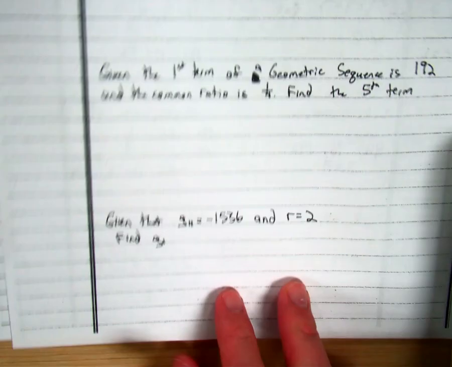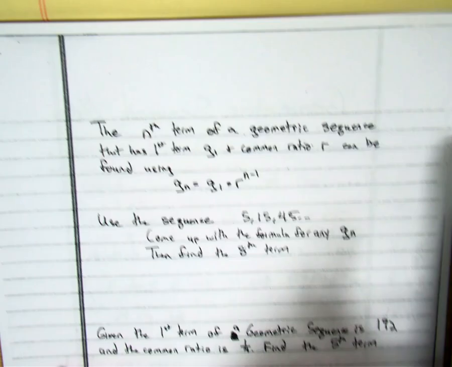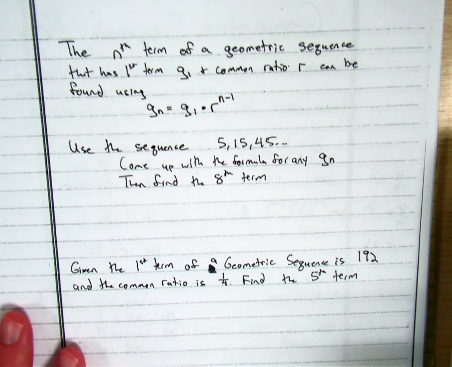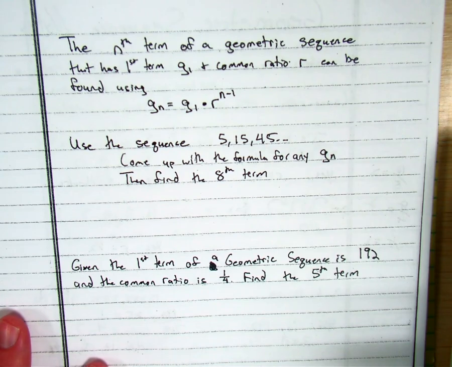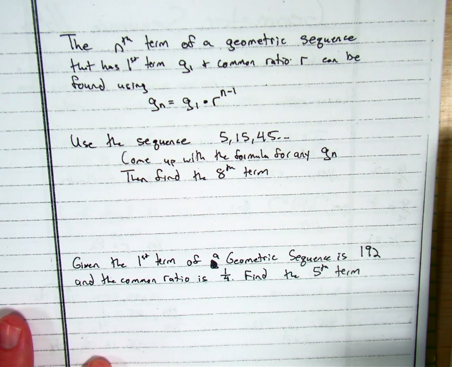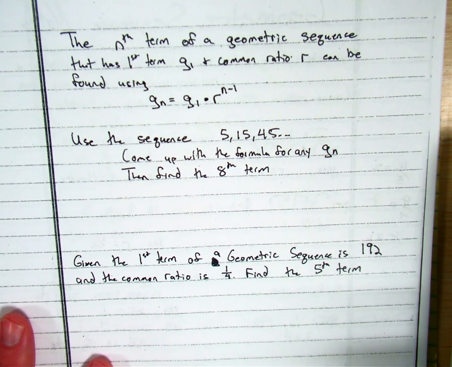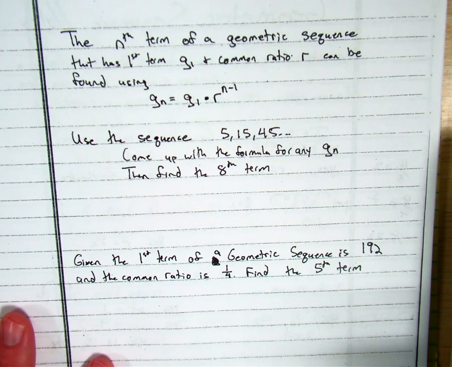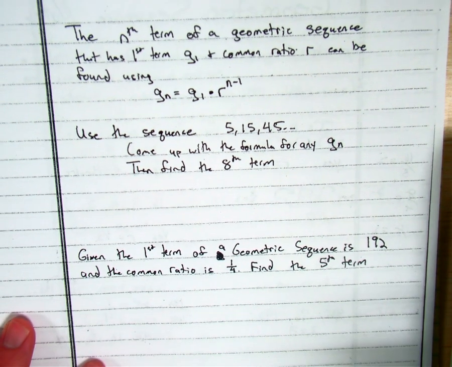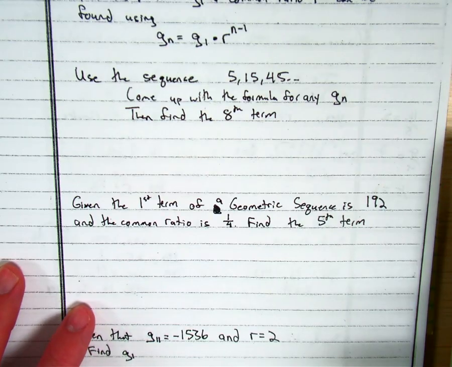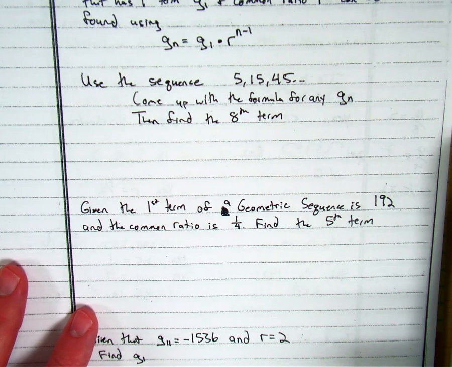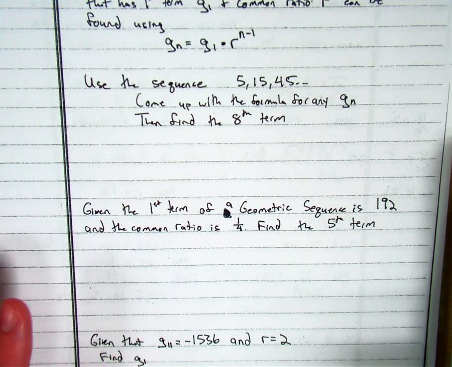Backside. Formula time. Okay, our general nth term formula, G sub n, is going to be G1, the first term, times R, your ratio, to the n minus 1 power. So we have 5, 15, 45. Looks like we're timesing by 3 again.